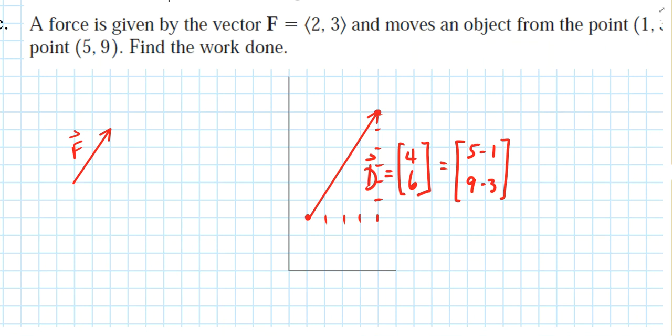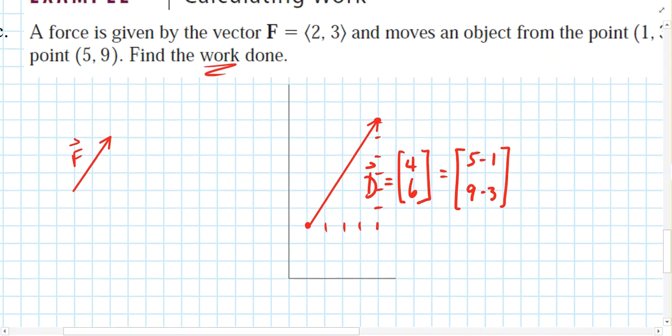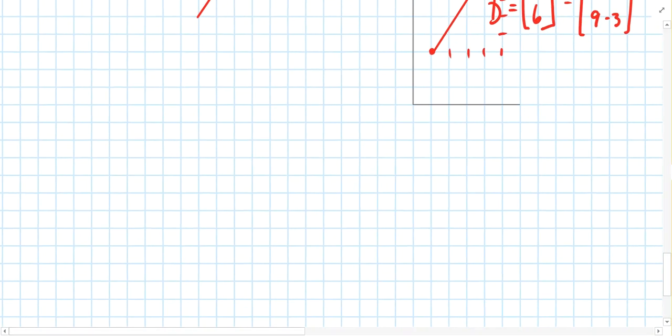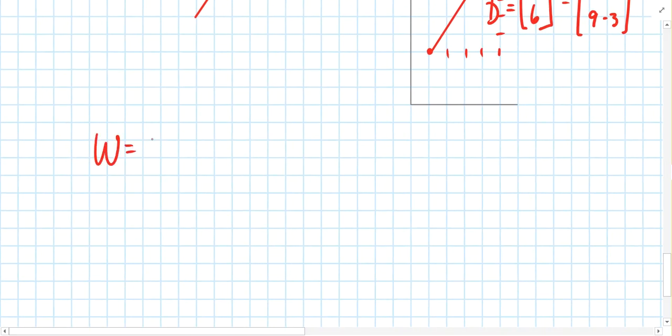And so with our newly defined dot product, and the notion of the product of the force vector and the distance vector will provide us work, we can actually calculate the amount of work fairly easily. Work is equal to the force vector times the distance vector. And in this case, the force vector was 2, 3.